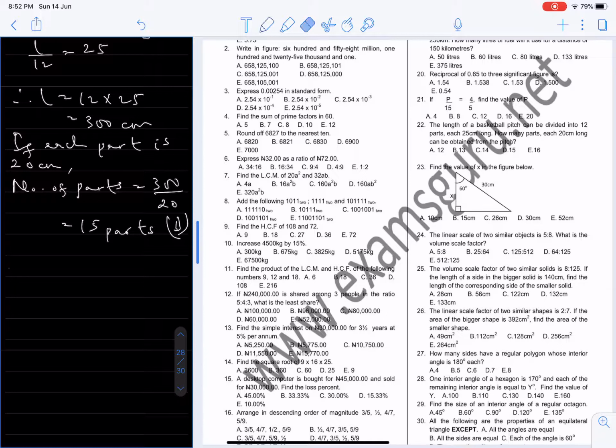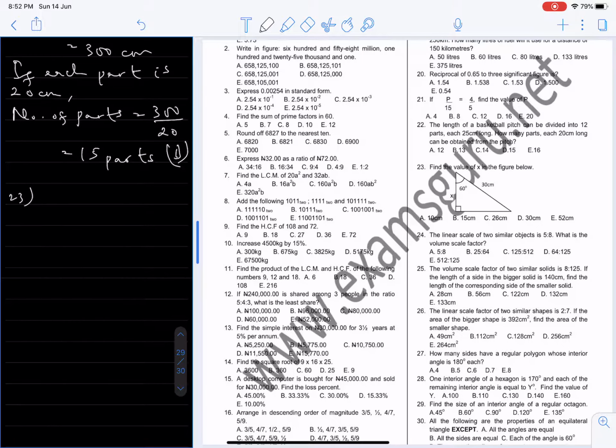Now to number 23. Find the value of x in the diagram below. Of course, that's a piece of cake.